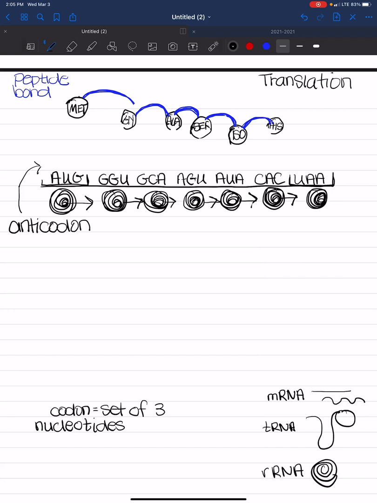And so we end up with the RNA complex where we have the ribosomal RNA with the messenger RNA, and if we need more than one protein, it's going to go through the process again. But we end up with a chain of amino acids. So we have methionine with a peptide bond to glycine, peptide bond to alanine, serine, isoleucine, and histidine.